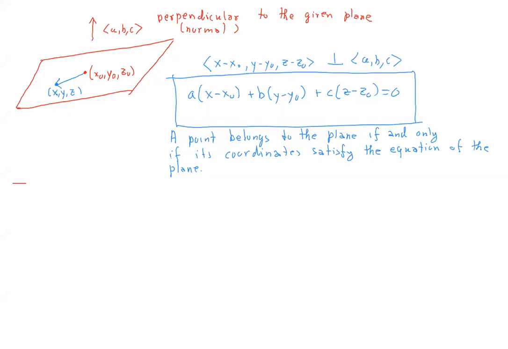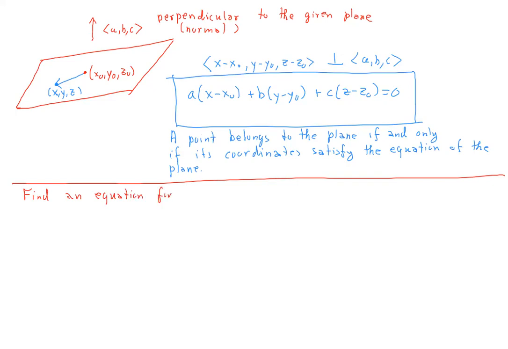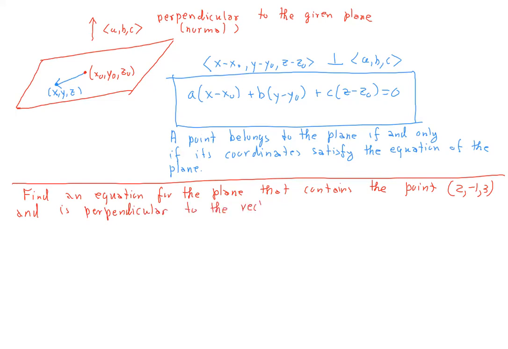So find an equation for the plane that contains the point 2, -1, 3, and is perpendicular to the vector 1, -2, -2.